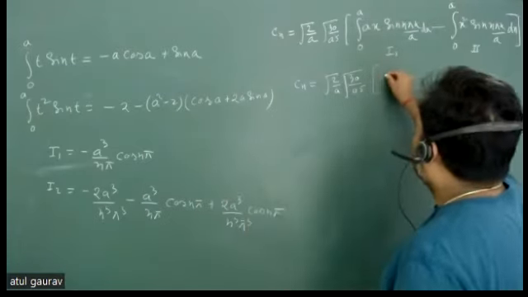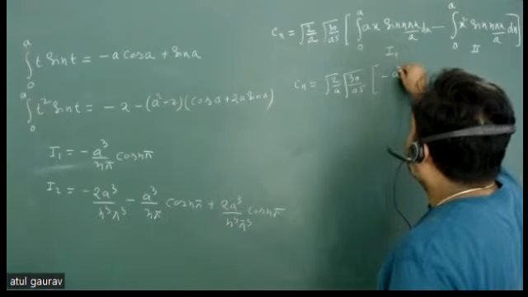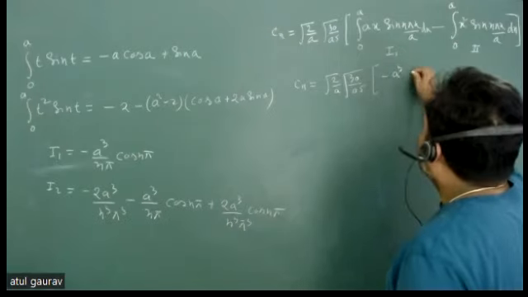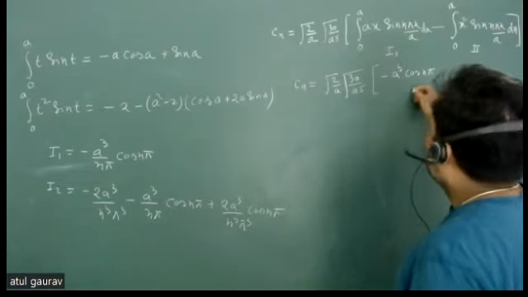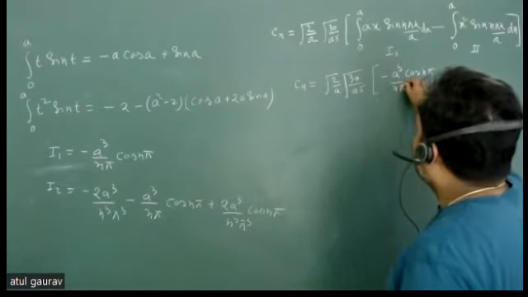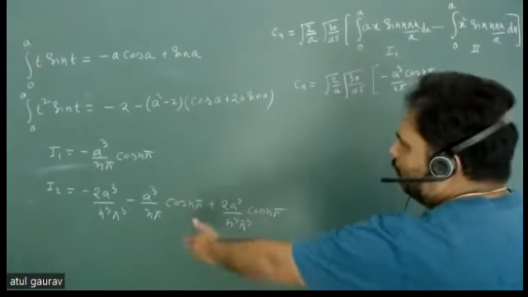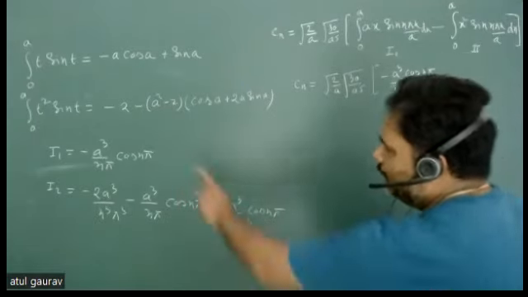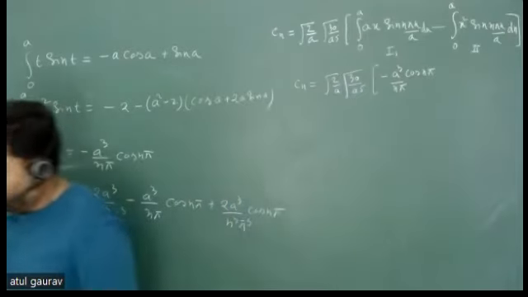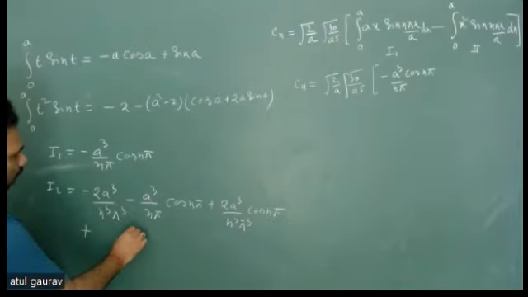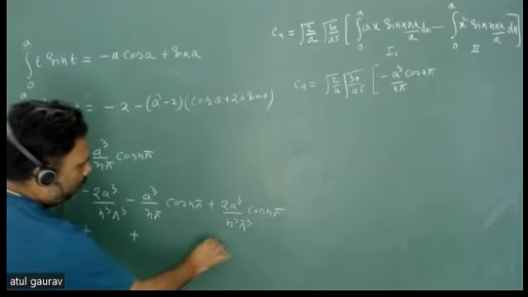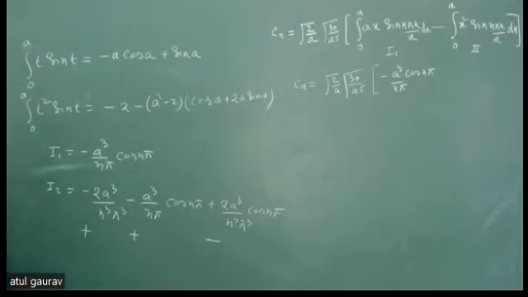So what is my I1? Minus a cube, and this value is equal to cos n pi by n pi, or even we can do it here only. We can do it here also for I1 minus I2, isn't it? So this value is equal to plus, and this value is equal to plus, and this value is equal to what? Minus, isn't it?